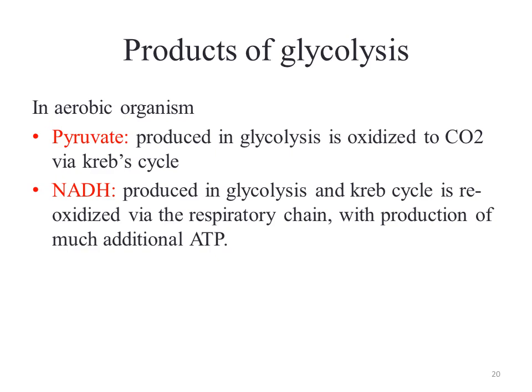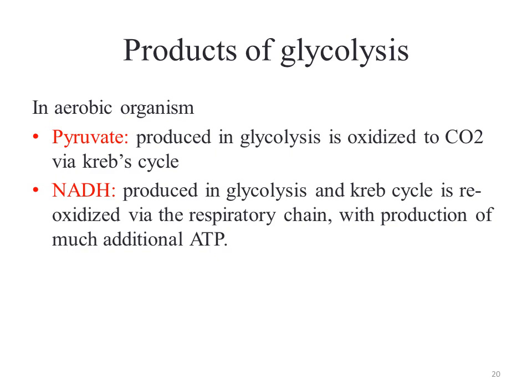So, in aerobic organisms, pyruvate produced in glycolysis is oxidized to carbon dioxide via the Krebs cycle. So pyruvate is the end product of glycolysis, and NADH also proved itself to be an end product of glycolysis, because each NADH is equivalent to 3 ATPs.